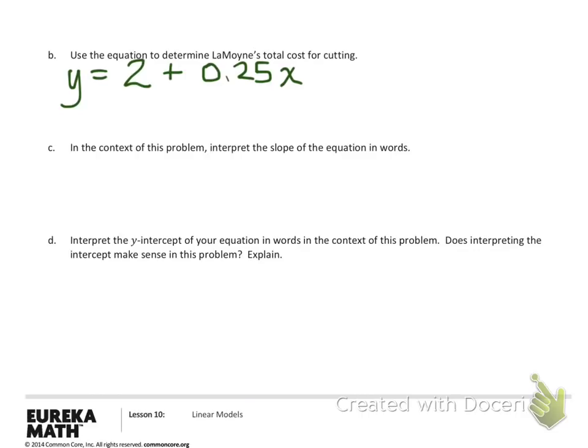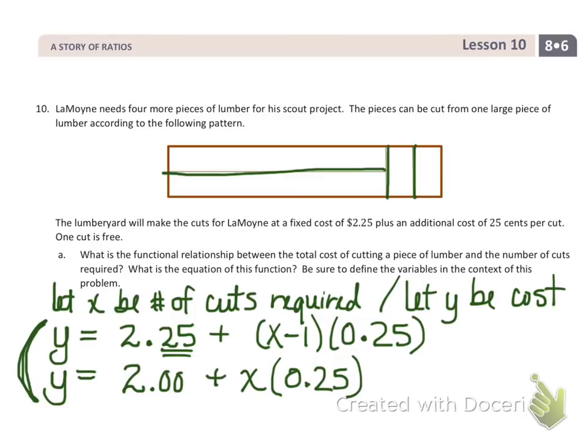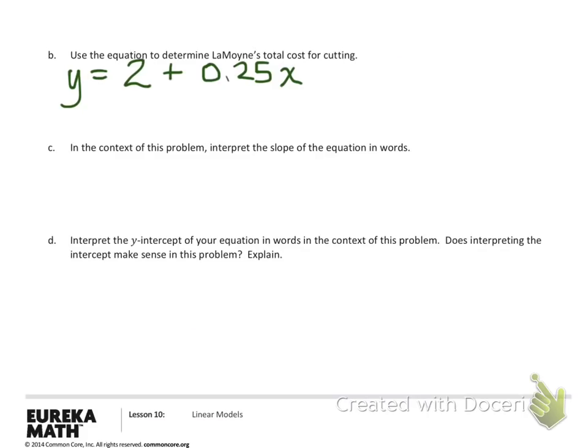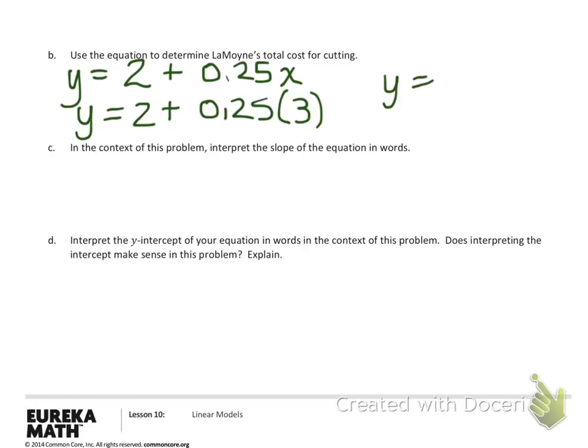For this one, remember we said we had to make 1, 2, 3 cuts. So x equals 3, so y is equal to 2 plus 0.25 times 3, which is 75 cents. So y is equal to 2.75.